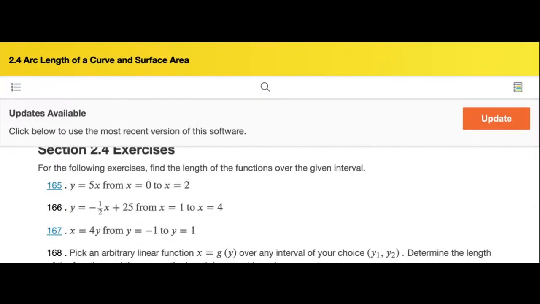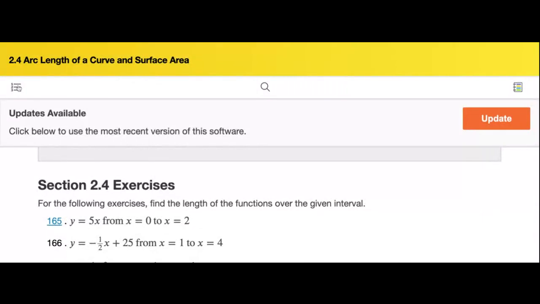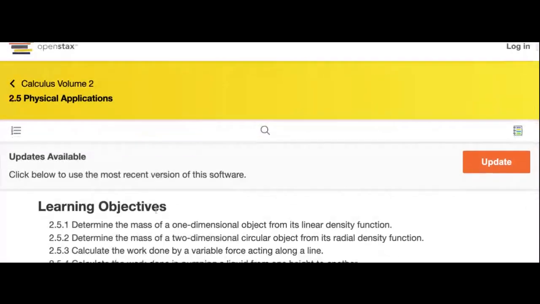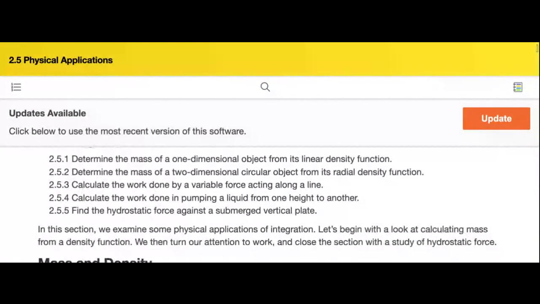All right, so I'm going to assign you homework from here too. And now let's talk about physical, let's see. Okay, we're going to skip this one.